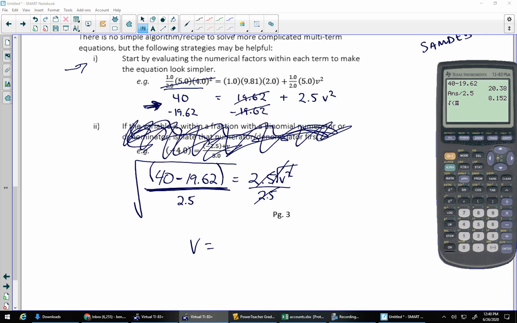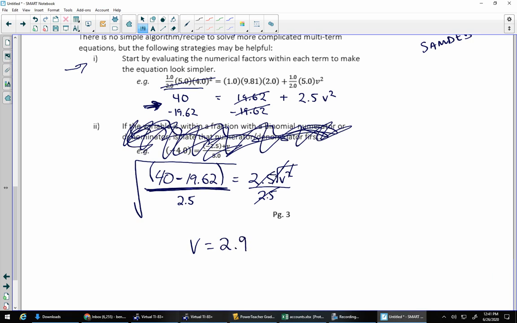And then I'm going to do second function answer, which is the negative button. And that works out to be 2.85517 something something something. I need 2 sig digs, so it's going to work out to be 2.9 with significant digits. Nice. Okay. Good stuff.